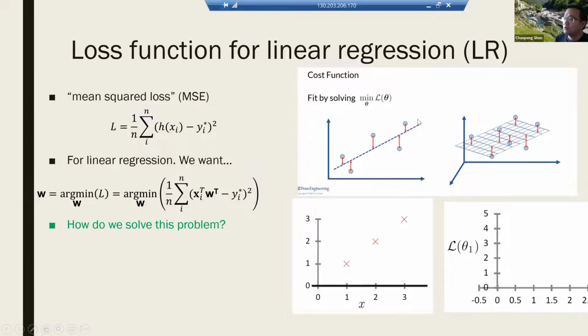This is your model, and these are the data points, and that model, because of its inherent simplicity, is not going to fit all the data points exactly. So there's going to be some distance, and that distance is characterized by this error term. It could be positive or negative, but when you square it, they all become positive, and you sum up the squares, you divide it by n, that's the mean squared loss.